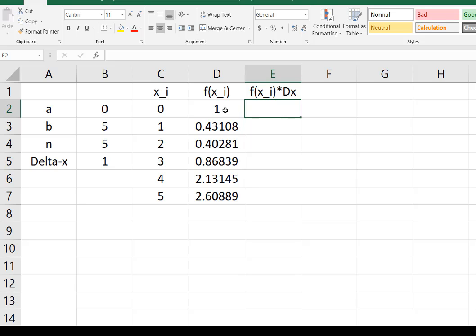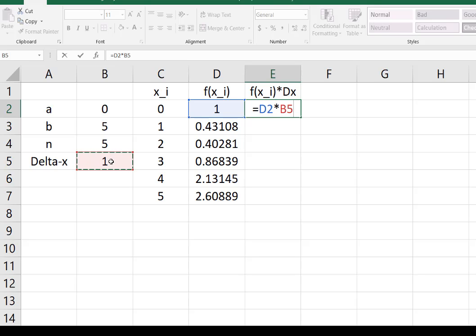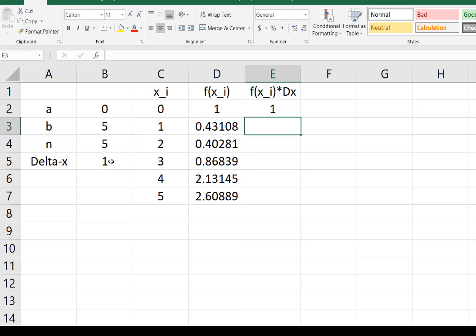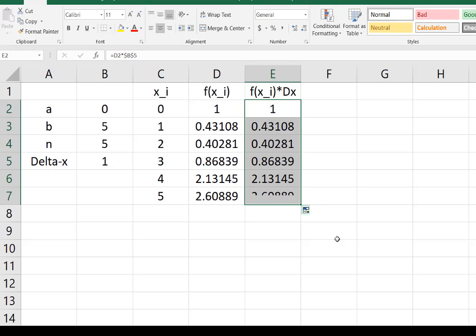So what I need to do is grab, for each one of these, f of x, so here equals that f value times delta x, which in this particular instance is back here. And again, you can't see my hand moving, but I'm going to select F4 to keep that referencing fixed. Copy that down. The numbers didn't change, right? Because we're multiplying by 1.